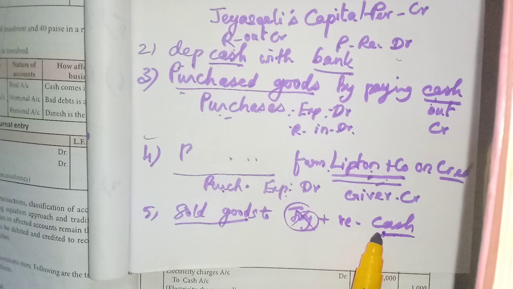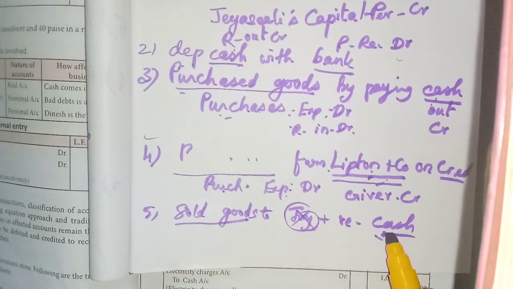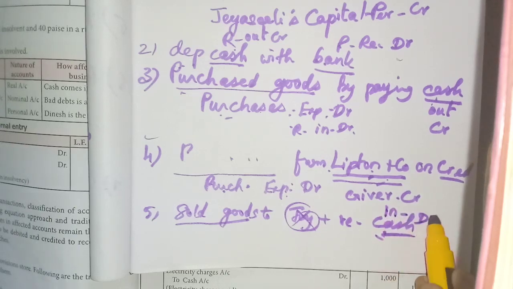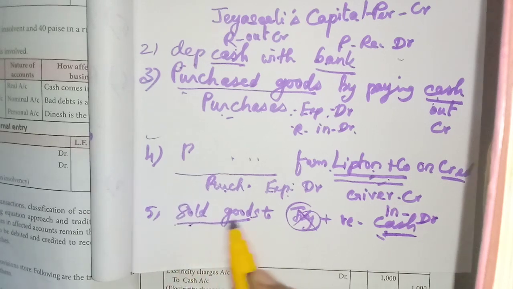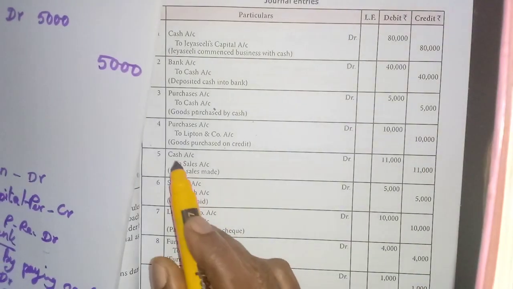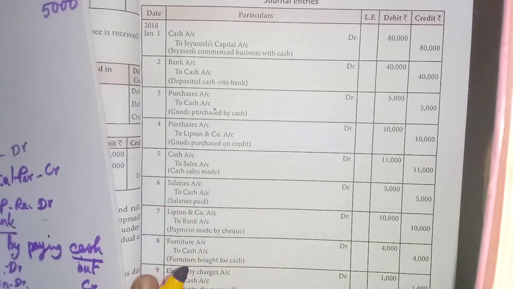So cash coming in, and cash is a real account. What is the rule? Debit what comes in, credit what goes out. Here cash is coming in, so we should debit. Here sold goods, I told you, is called sales. So what is the entry? Cash account debtor to sales account. See, cash account debtor to sales account, cash sales made.